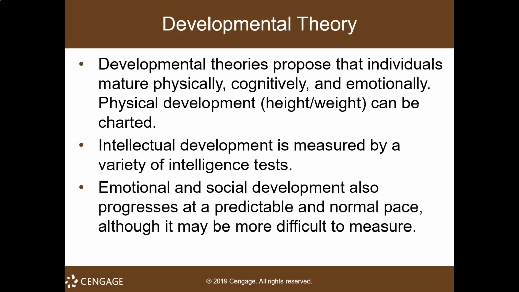Intellectual development, however, is measured by a variety of different intelligence tests and is charted against a normal curve of development. Emotional or social development also progresses at a predictable and normal pace, although it may be a little more difficult to measure.